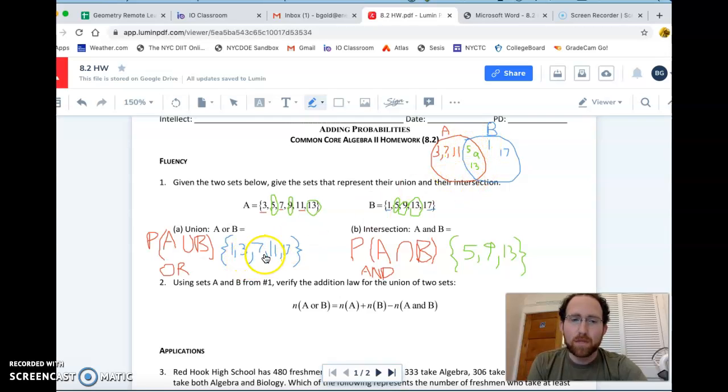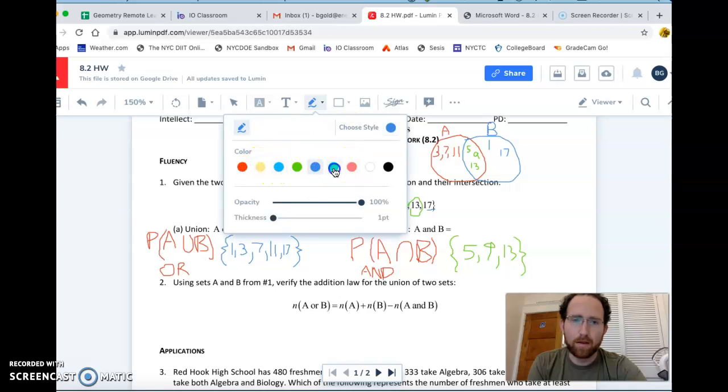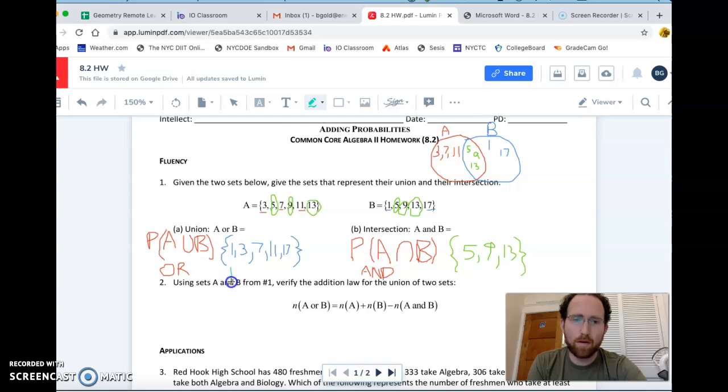So the finished union will actually look like this: 1, 3, 5, 7, 9, 11, 13, and 17. Those are all of the possible numbers without anything being shared.